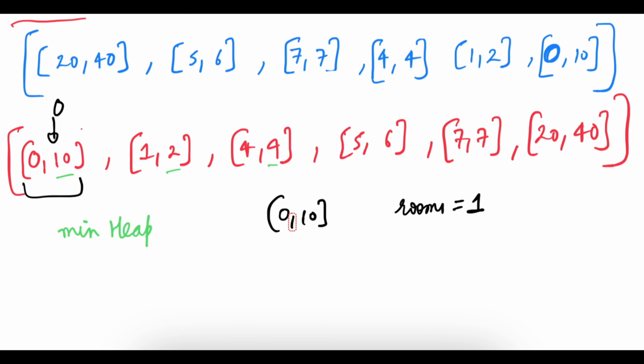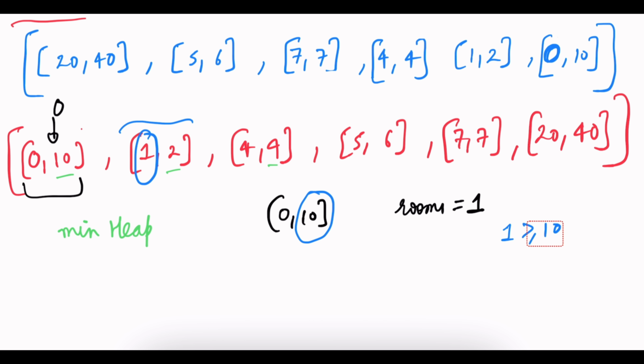And now we move on to our second meeting, and here we check if the start time of this meeting is greater than or equal to the end time of the minimum interval in our min heap, which is 0, 10. So 1 is not greater than or equal to 10.